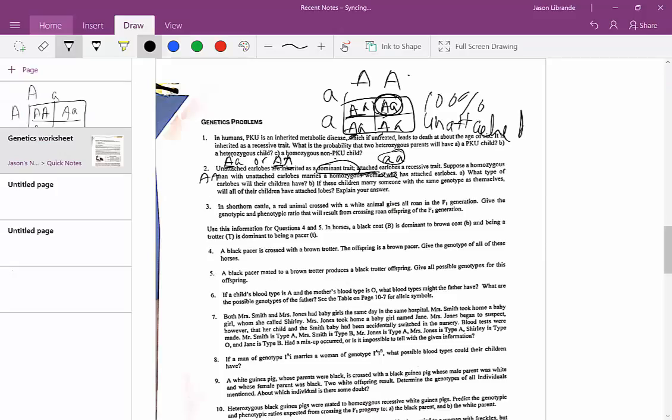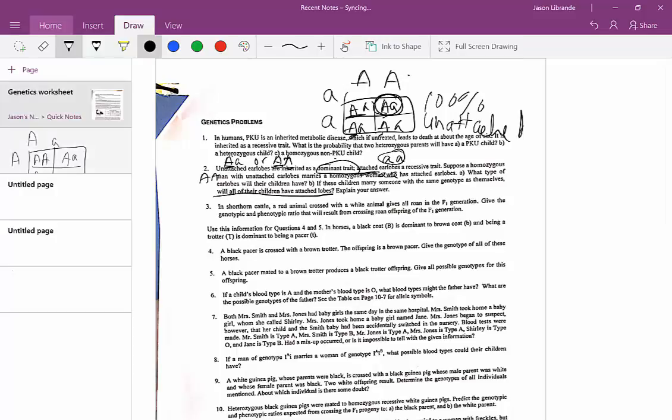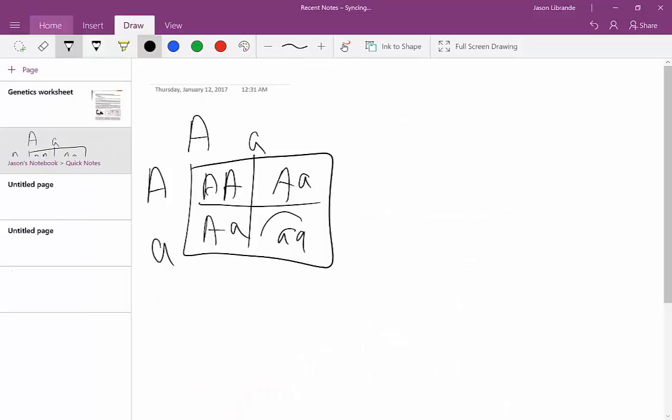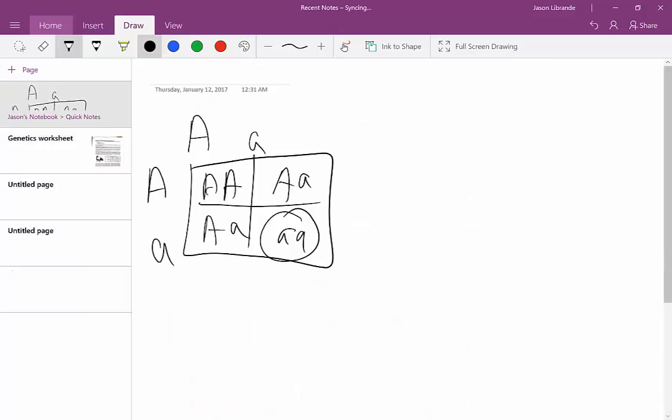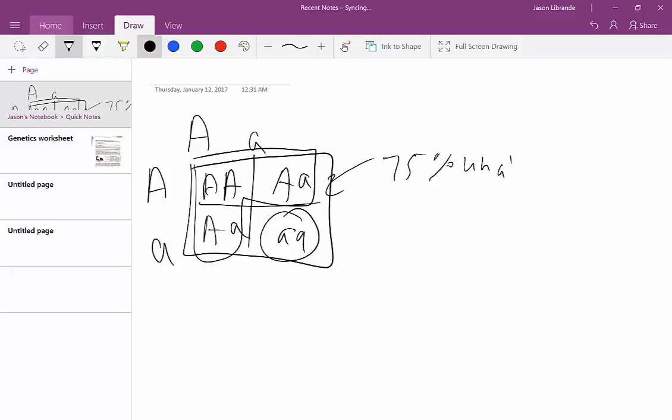Let's go back to the question. Will all their children have attached earlobes? No. Here we have 75% unattached and 25% attached.